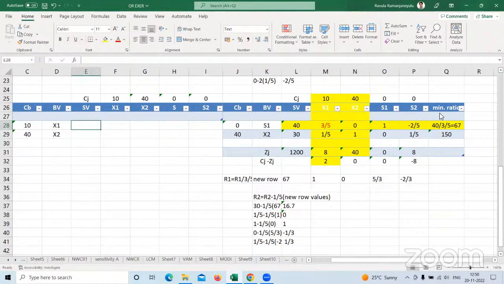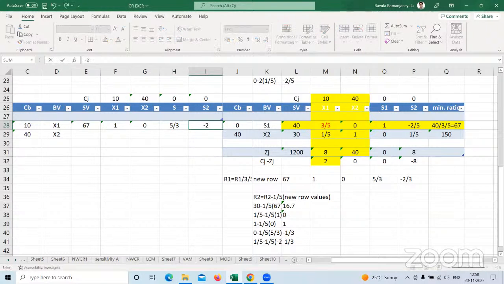So here 66.66, that is 67, we got 1, then 0, then 5 by 3, minus 2 by 3.